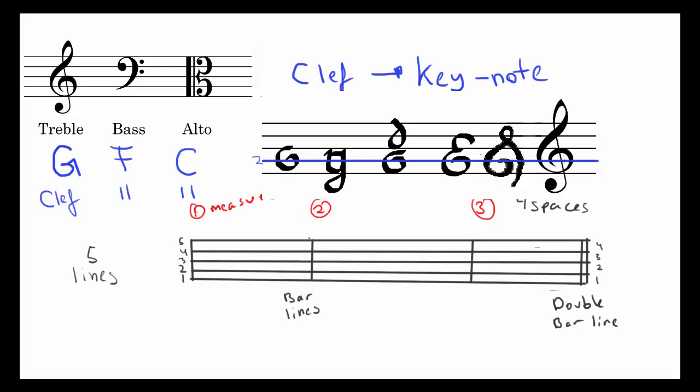The one we have today even has a little X that goes through it, almost like a little bullseye that goes right through the second line. So on the staff, only when we have our treble clef, the second line is known as the G line, which means on this line, we're going to have a G note. Once we talk about the musical alphabet, this will make more sense.